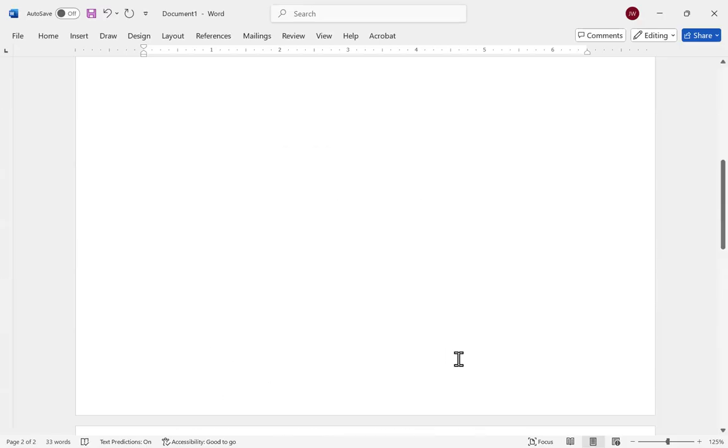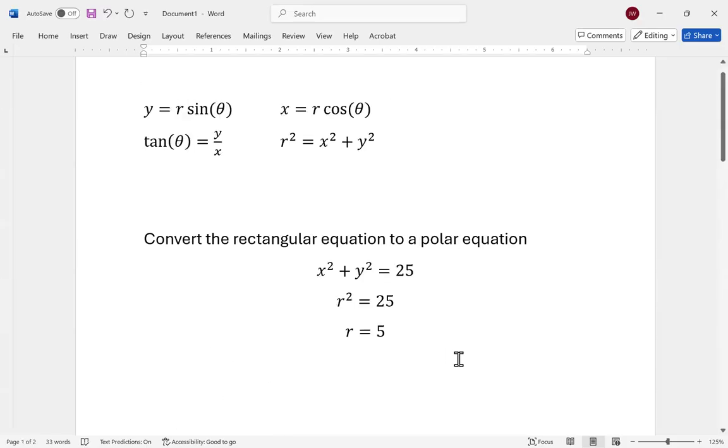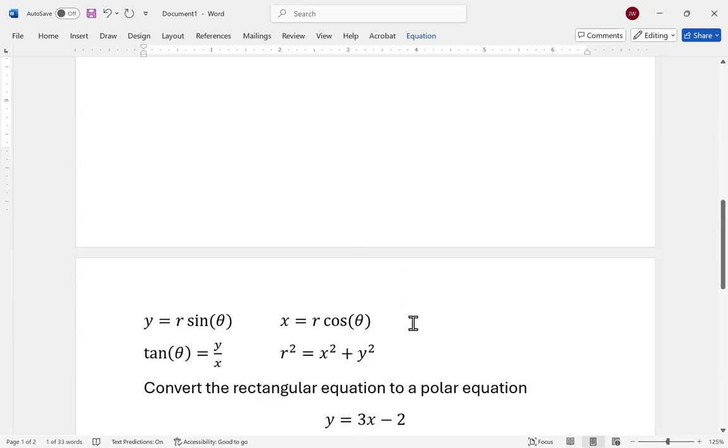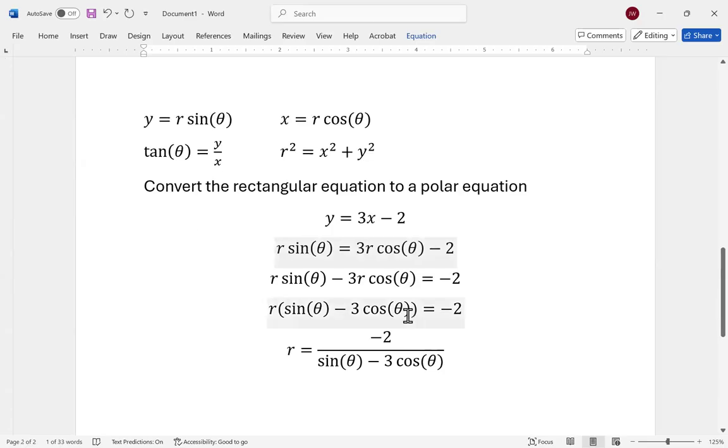Now I want to point out something. In our previous case, r equals 5 is a very simple equation in polar form, a lot simpler than x squared plus y squared equals 25. In this case, I would suggest that y equals 3x minus 2 is simpler than r equals negative 2 over sine theta minus 3 cosine theta.